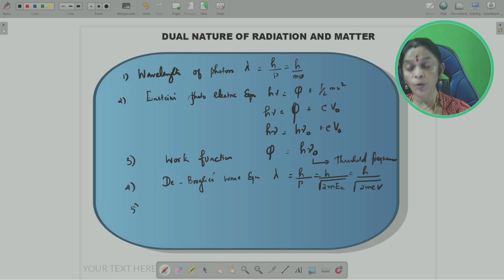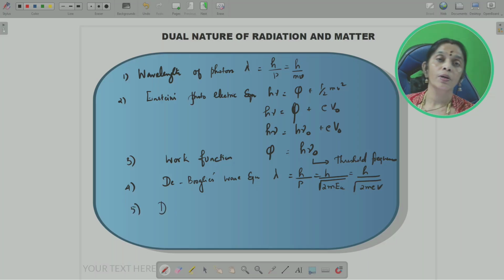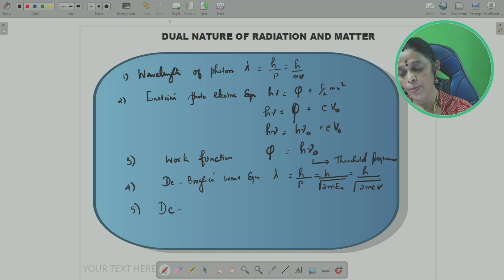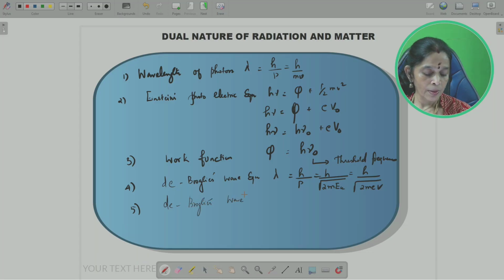But I wanted to find out de Broglie's wavelength for an electron. So let me write de Broglie's wavelength for electron. All the concepts we have already seen.